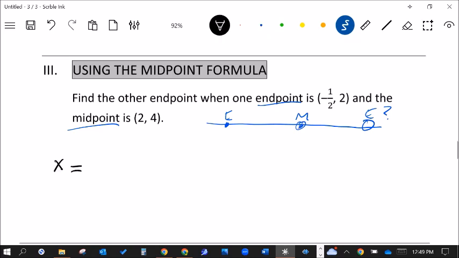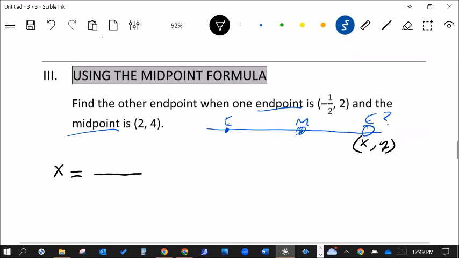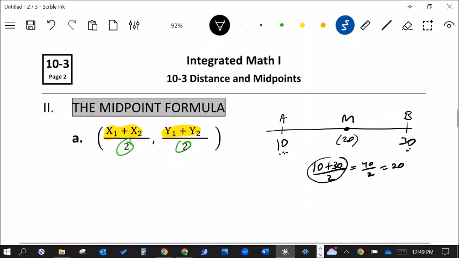I'm going to say that the x value for this one, we need an x and a y. Actually, when we did going up here, this one here, that's the midpoint. The x midpoint is equal to this. The y of the midpoint is equal to that.